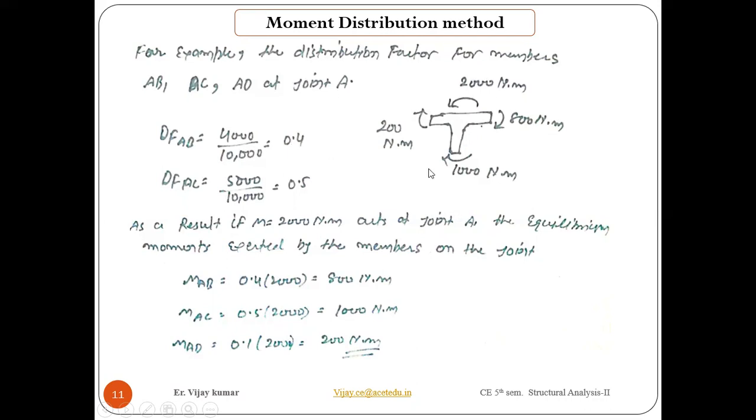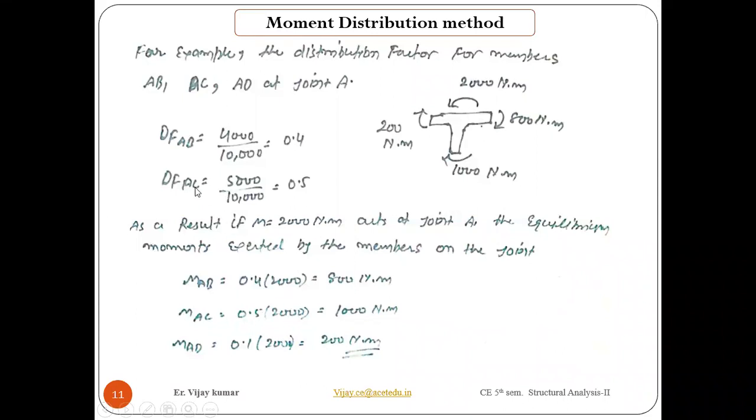How much moment each member carries obviously depends on its stiffness factor, which is 4EI by L, so its length participates. E, a property of the material, also affects it, and the cross section also affects it. If the cross section changes, the moment capacity changes, and the resistance will come out more.